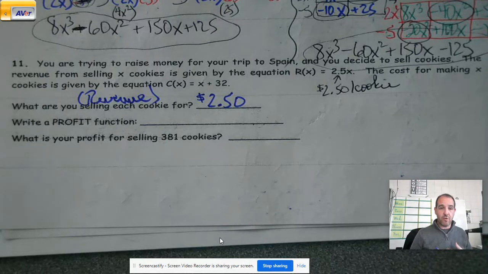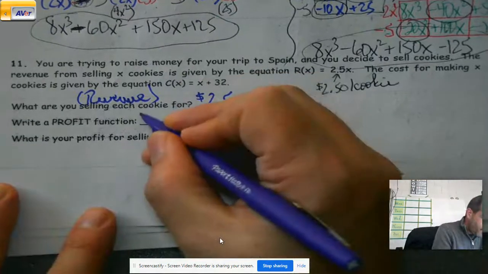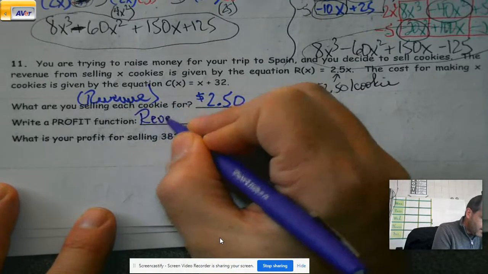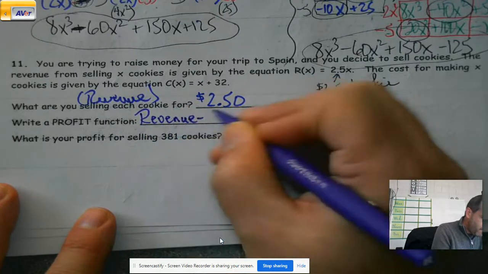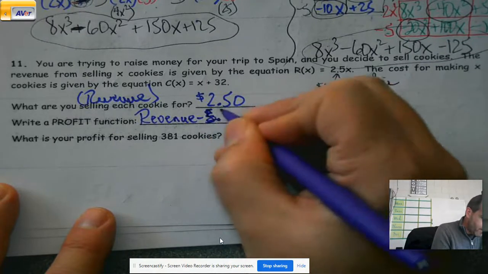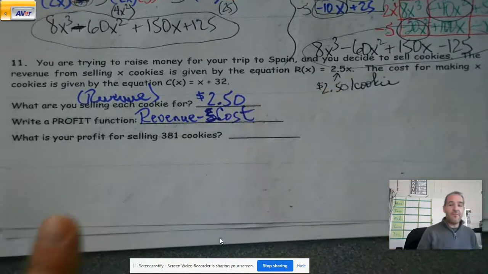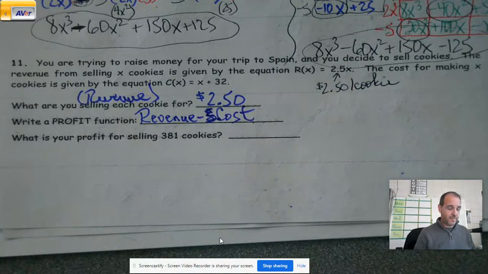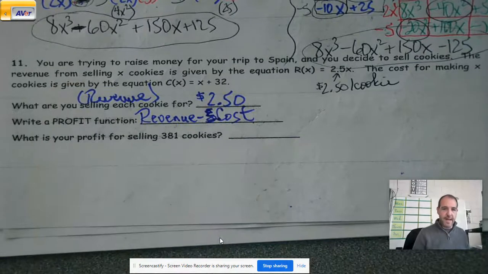What are you selling it for? Write a profit function. Profit is revenue minus cost. How much money did I bring in versus how much money did I have to pay for materials and supplies and things?